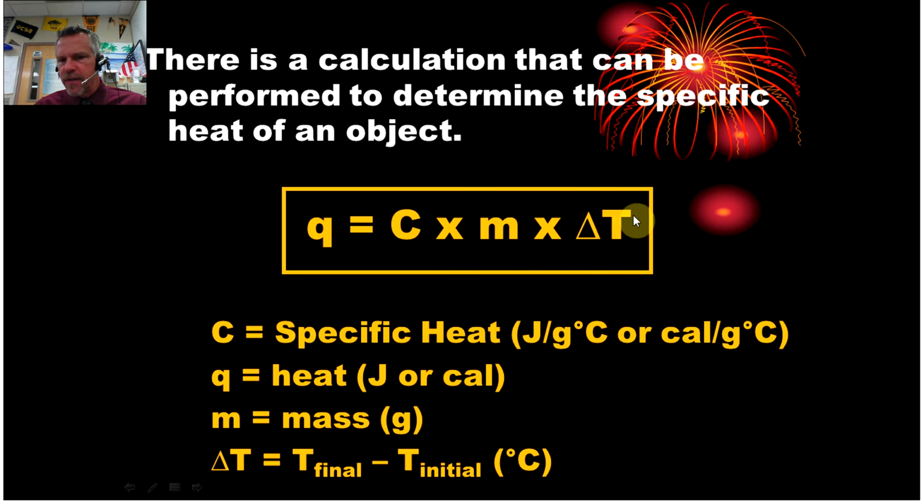All right, so if we look at this equation, Q equals C m delta T, C times m times delta T, where C is the specific heat capacity, Q is the heat in joules or in calories, m is a mass in grams, and delta T is the change in temperature, not the actual temperature, but the change in temperature.